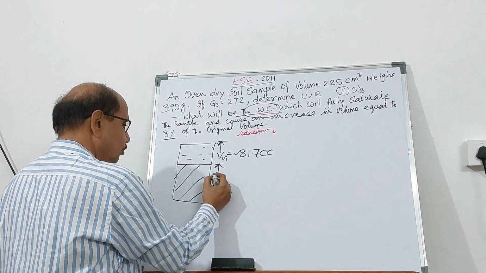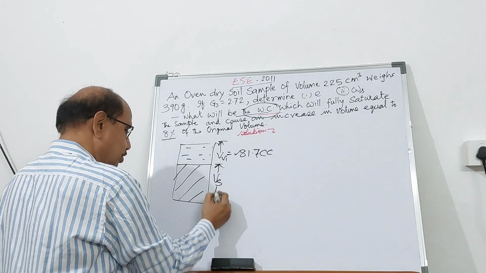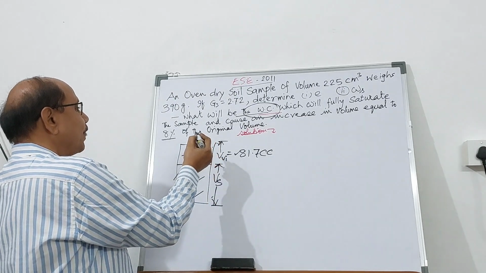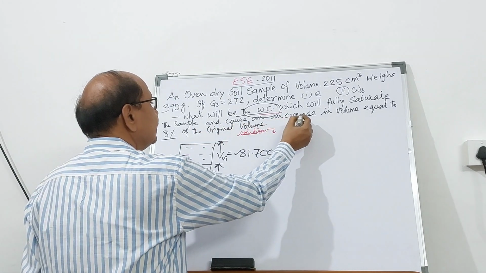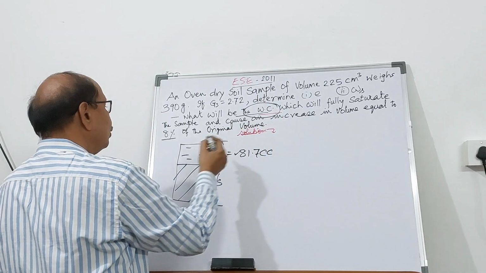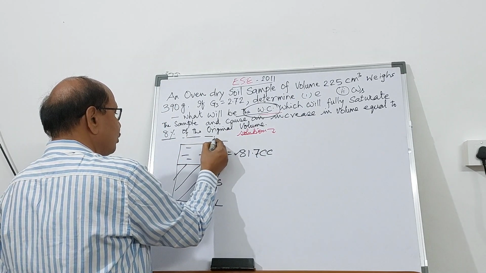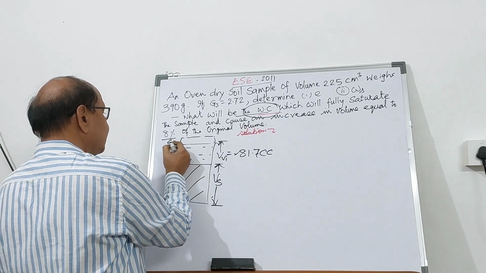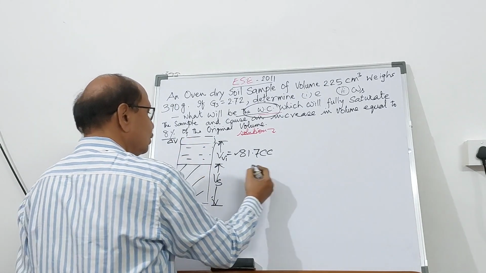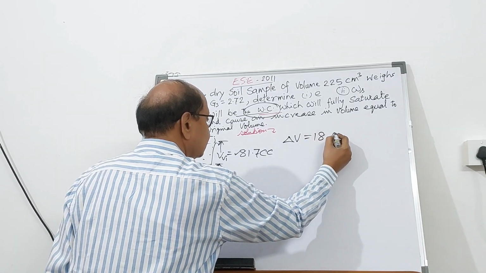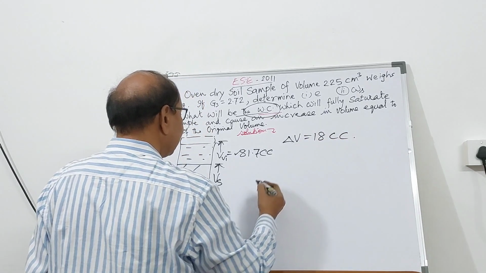Also, we know the volume of the soil solids. Now, there is an increase in the volume equal to 8%, so the volume of the void is going to increase by delta V, which we have calculated as 18 cc.